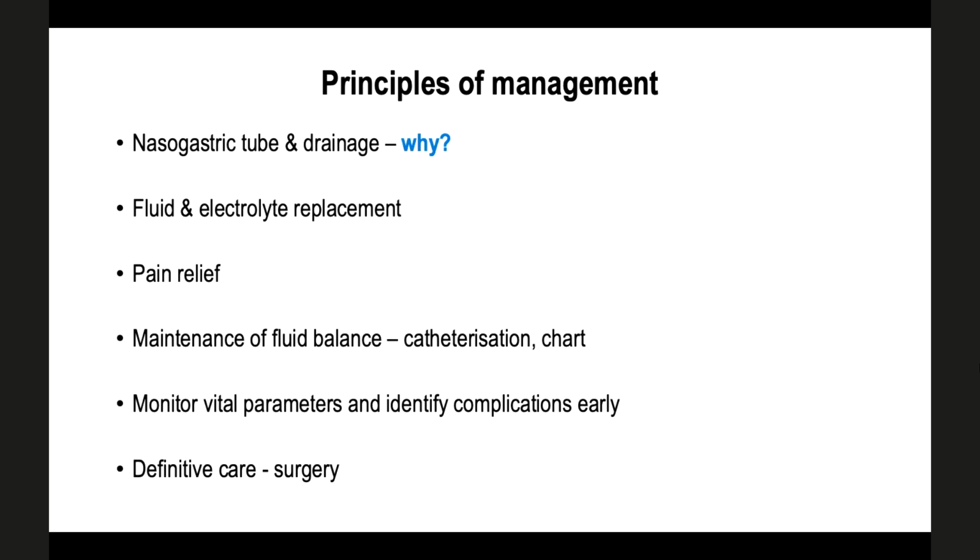If a person has intestinal obstruction, one of the important things we do is we put a nasogastric tube. Do you know why? Why do you think?